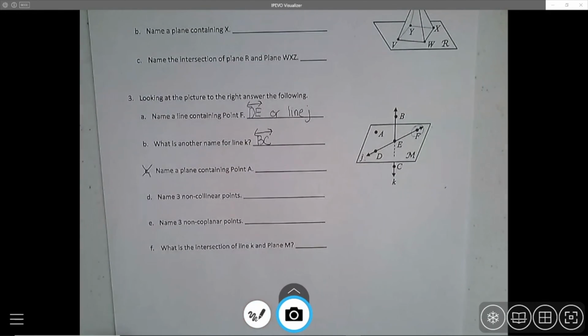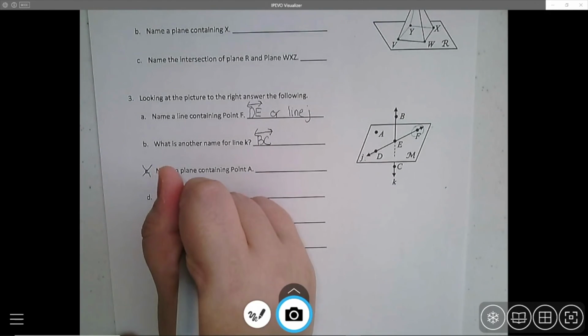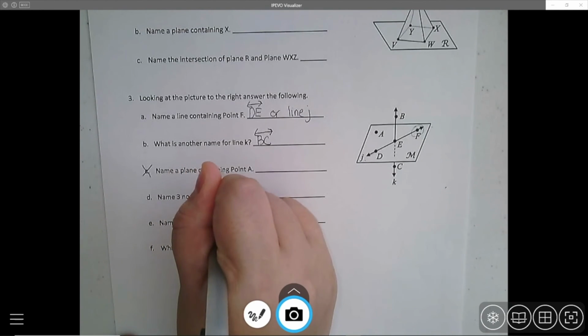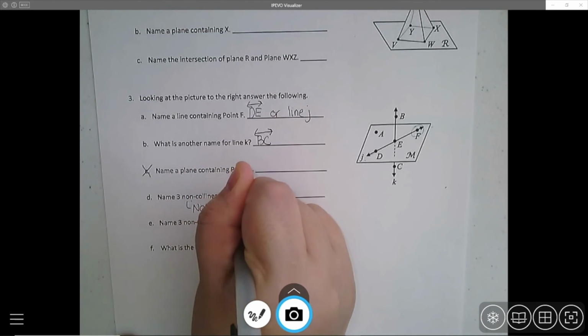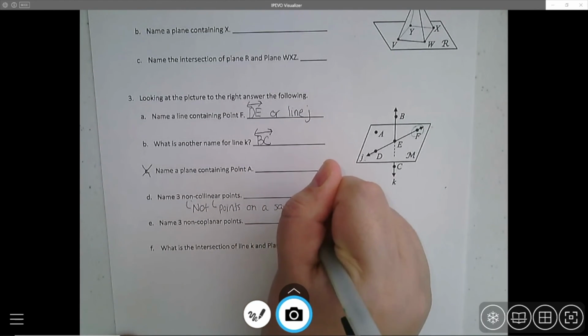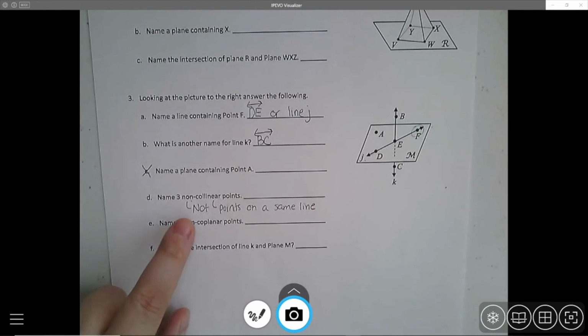We're not going to cover C. That talks about planes. Now, name 3 non-collinear points. The key word on this one is not. Collinear means points on the same line. The non in front puts that not.